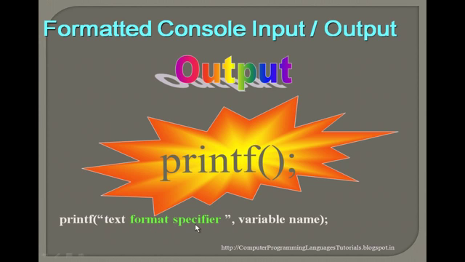Format specifier means what? %d, %s, double quote complete, comma, and variable name. If you want to give a simple message, for example, if you want to print your name as output, then what is the syntax? printf, bracket, double quote, text, double quote complete, bracket close, semicolon.